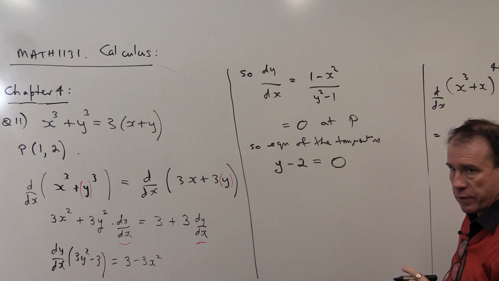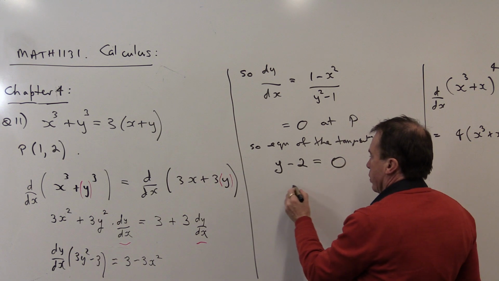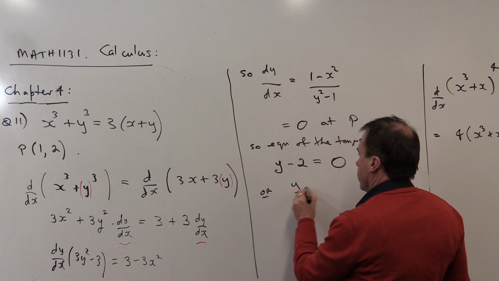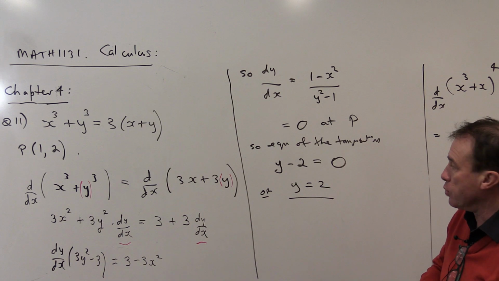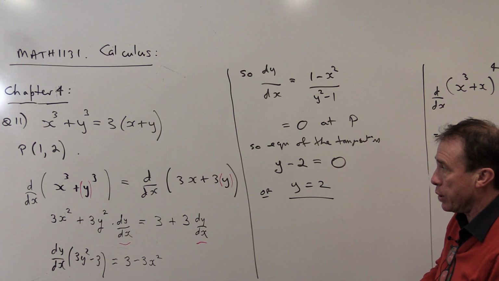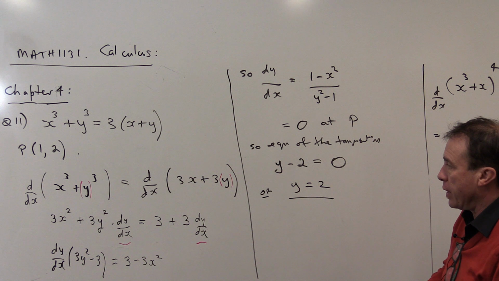And so the equation of the tangent is y minus 2 is 0, or y equals 2. So in fact, the tangent is parallel to the x-axis at this particular point. And so that solves the problem.